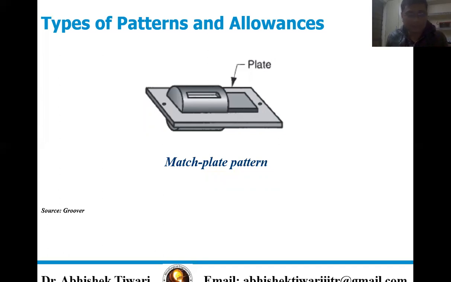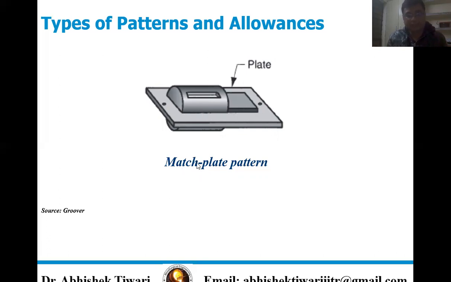In match plate or cope and drag patterns, the two pieces of the split pattern are attached to the opposite sides of a wood or metal plate. Holes in the plate allow the top and bottom cope and drag sections of the mold to be aligned accurately, so that these are aligned.